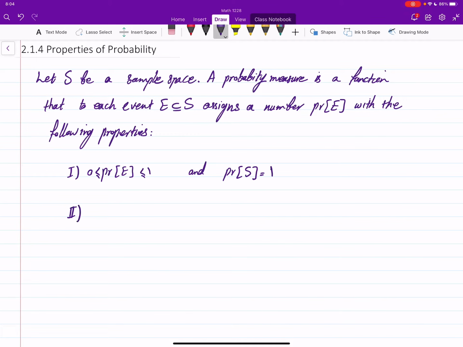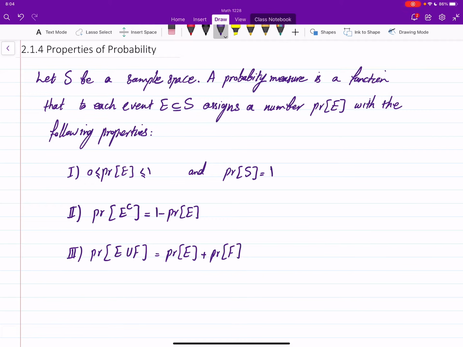Then the second property is probability of complement of an event is 1 minus probability of the event itself. And the third thing is probability of a union of two events is given by this formula: probability of E plus probability of F, minus probability of E intersect F.